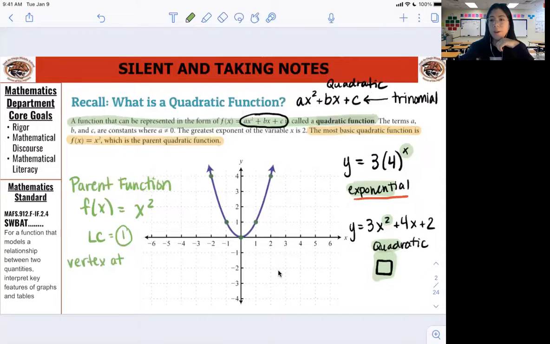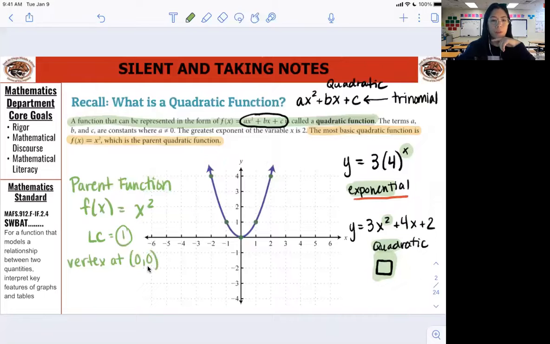Send it in the chat or say it out loud, but I want to see way more participation than I'm currently seeing. Where is the vertex? We just went over that. The origin? The origin, good, 0, 0.